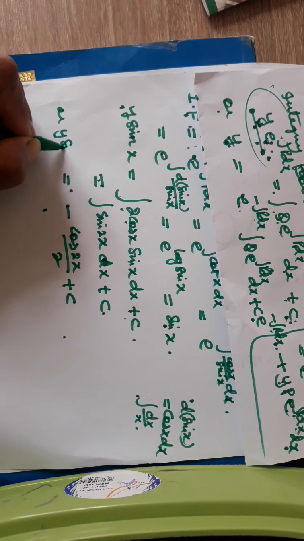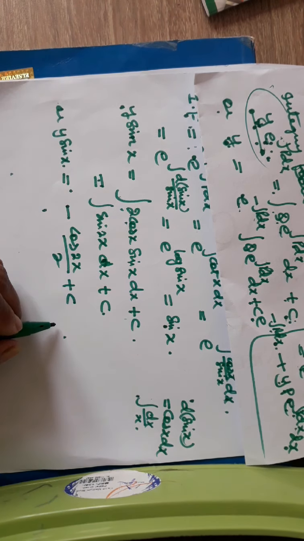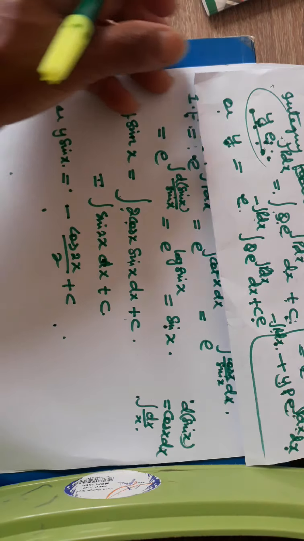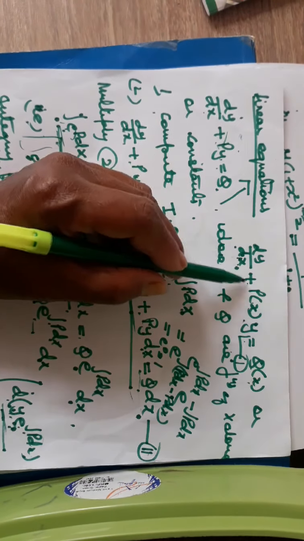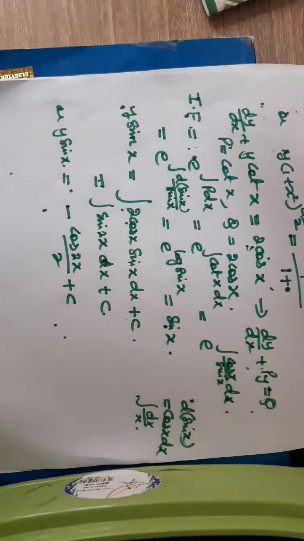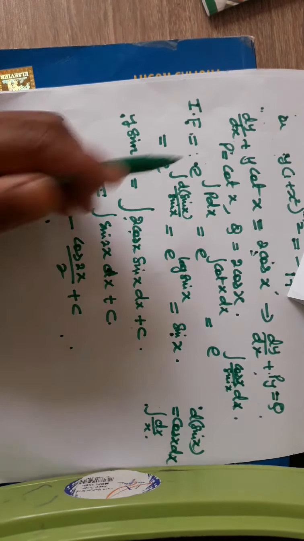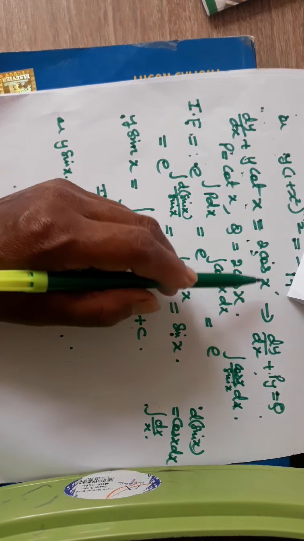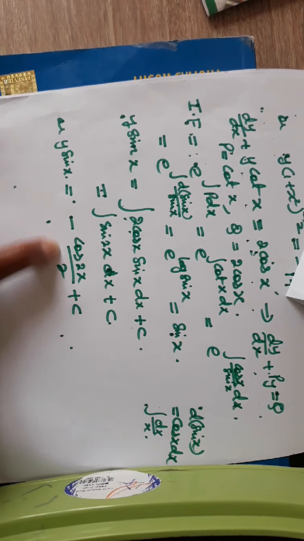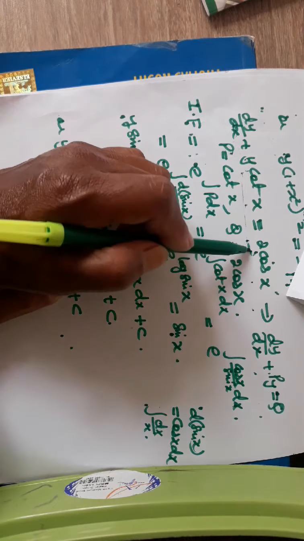So y into sin x gives you the required solution of the linear differential equation dy/dx + y cot x = 2 cos x. So this is the solution of the given differential equation.